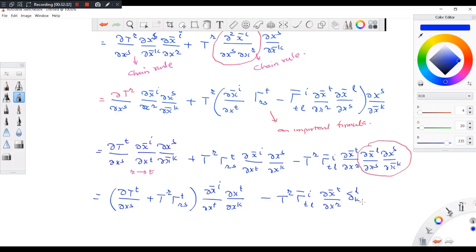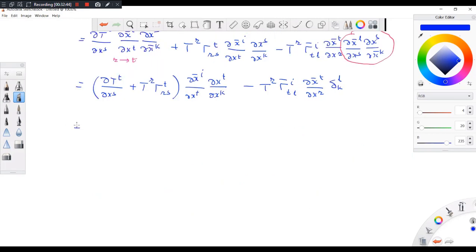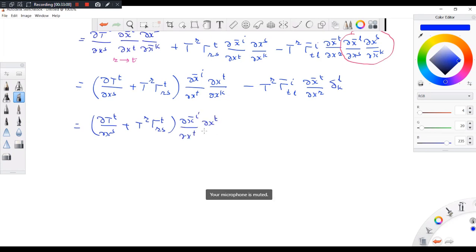Okay, partial derivative. So this is equal to first one del TT by del XS plus TR gamma TRS del x bar I by del XT del XT by del x bar k.